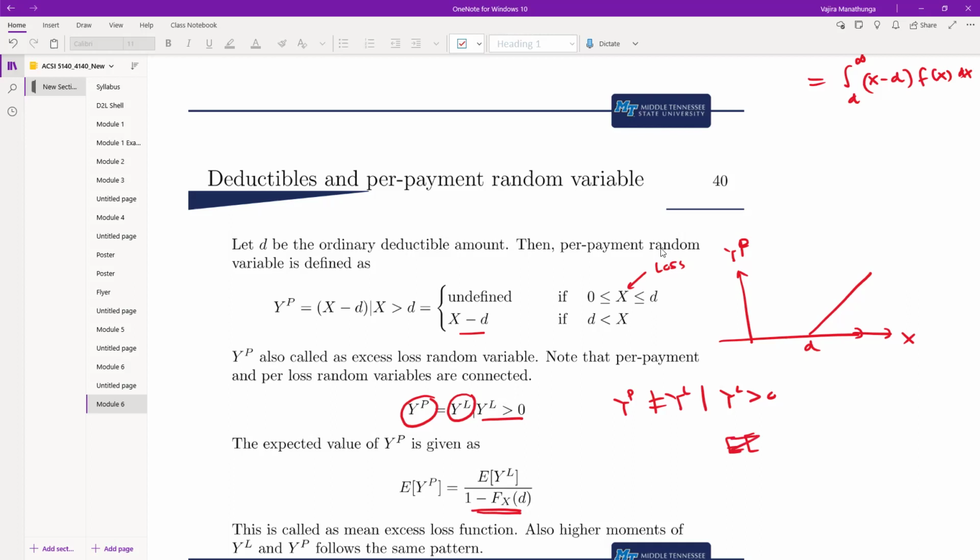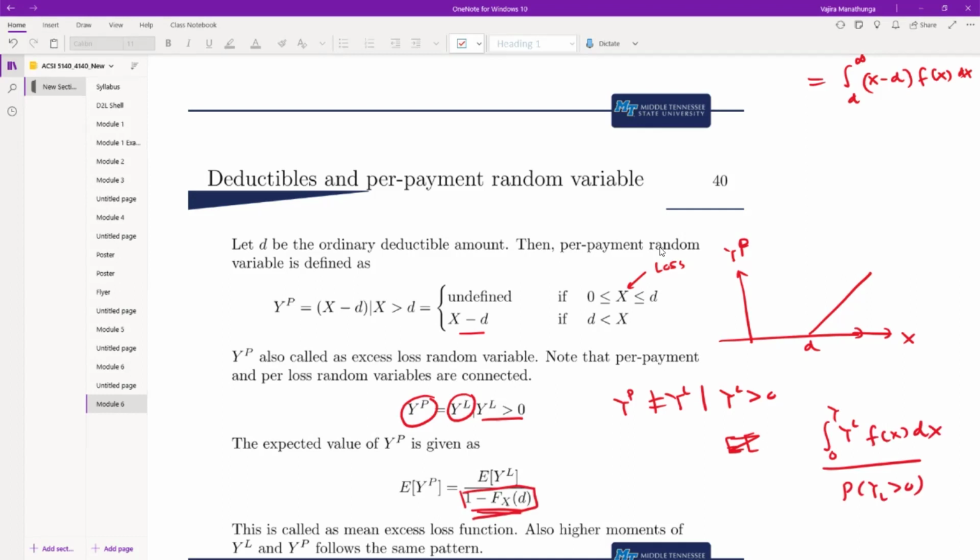So this would be the integral from 0 to infinity of YL times the density function, and divide by the probability that YL is positive, which is 1 minus F(d). YL becomes positive when x is more than d.